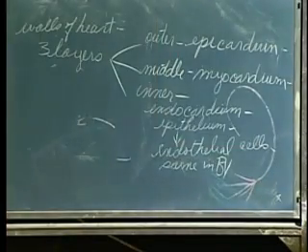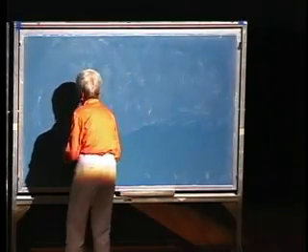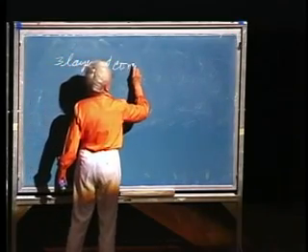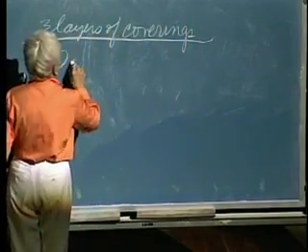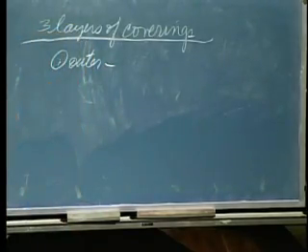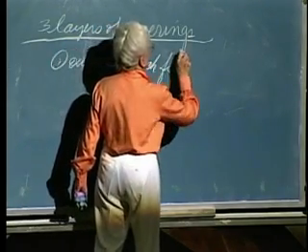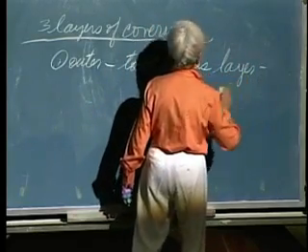All right, let's look at coverings. We're going to have 3 layers of coverings. The outer is going to be a tough, fibrous layer. Made of CT.